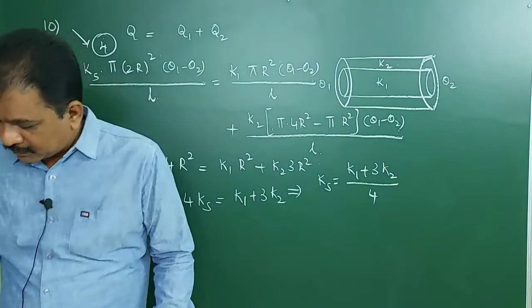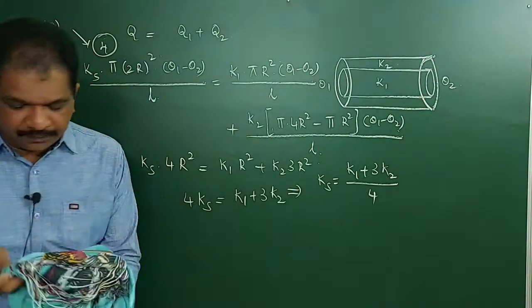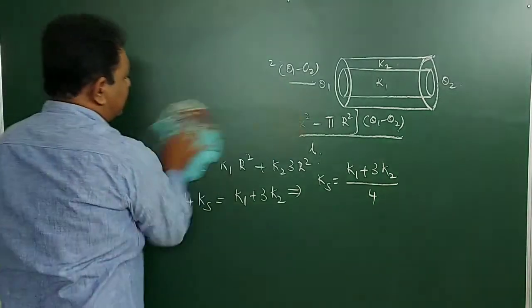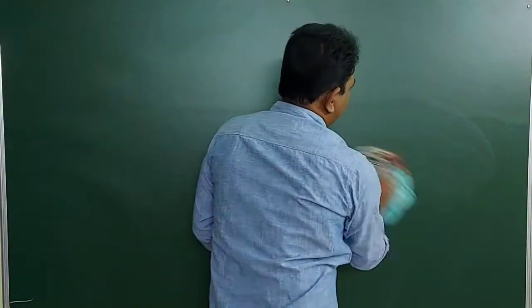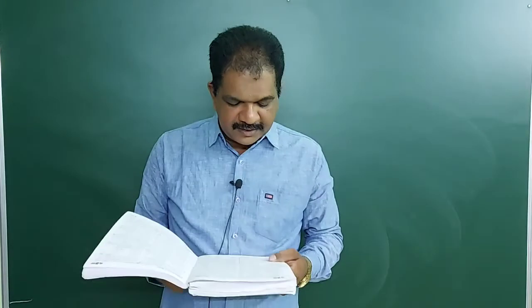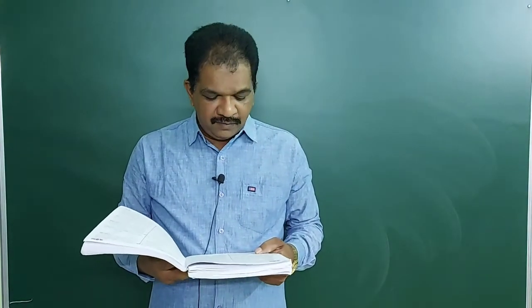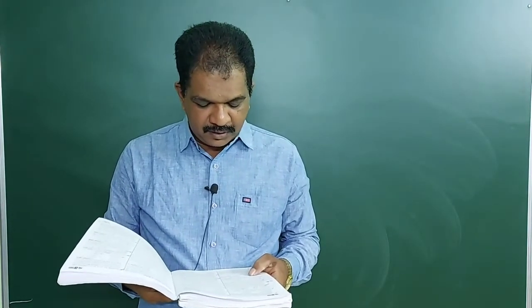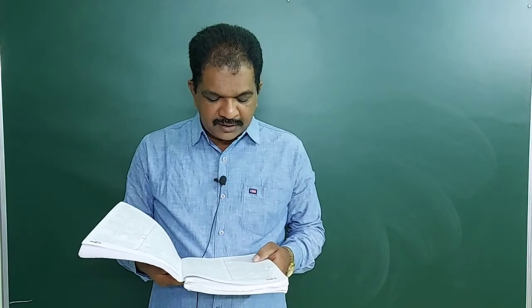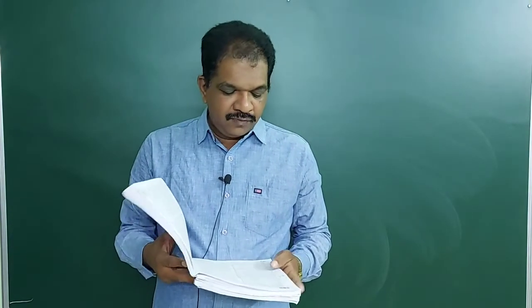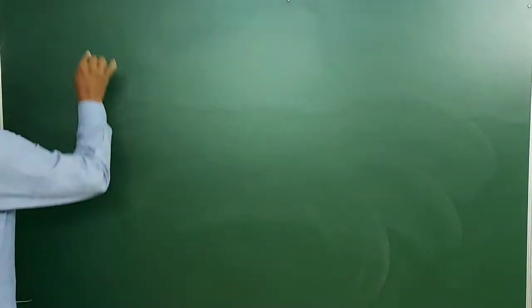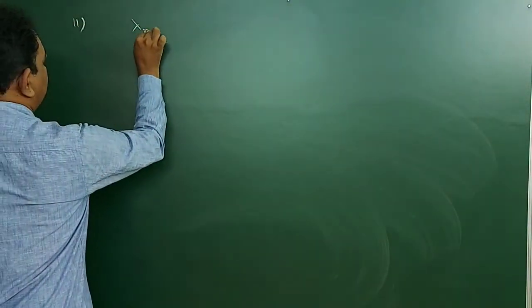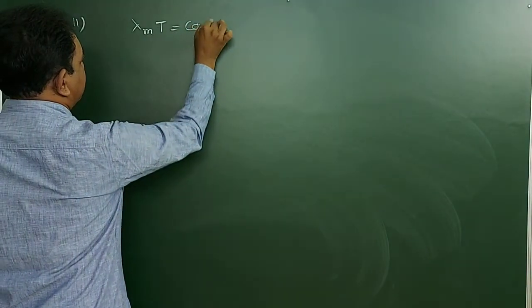Next, 11th, you see what they are asking. Two stars A and B radiate maximum energy at the wavelengths 360 nanometer and 480 nanometer respectively. Then the ratio of their surface temperatures is? We will use Wien's displacement law. Lambda m into T is equal to constant.